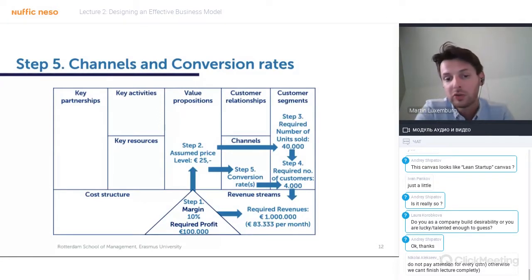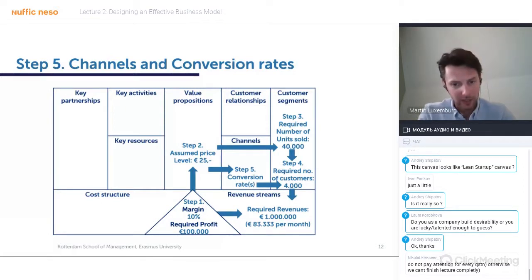You have the revenues. You know what the price is. You also understand that if I want 4,000 customers or 40,000 to be sold, you need to have a specific conversion rate. So if you want to have 4,000 customers and your conversion rate is 10%, right, you need to go to 40,000 customers to be able to sell to 4,000, and in the end to have that revenue in there.